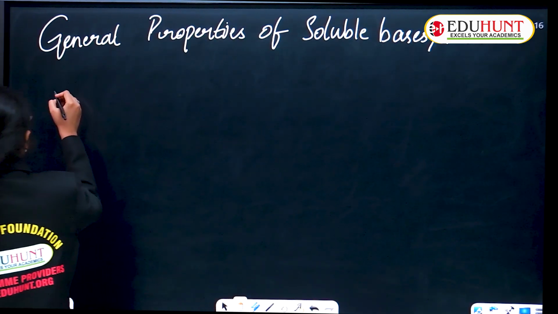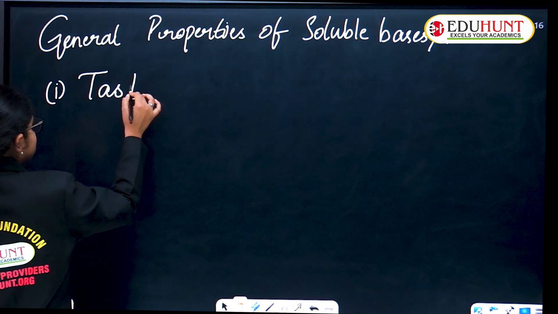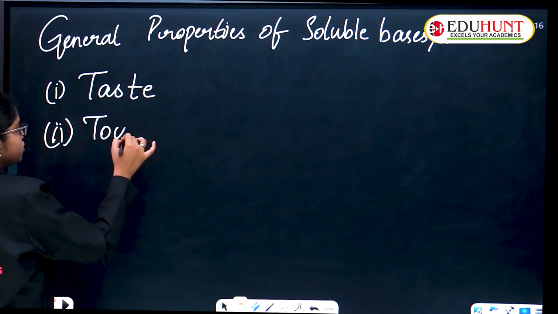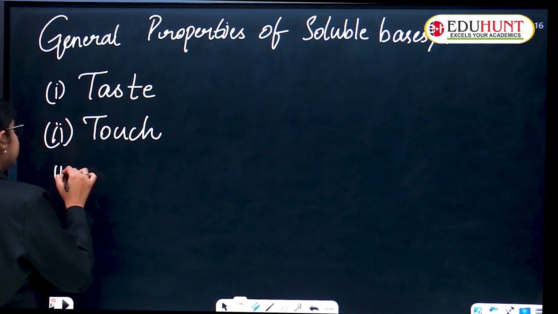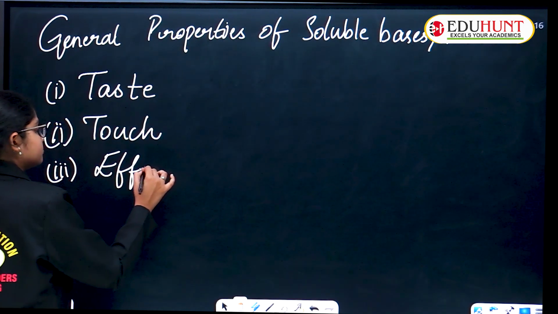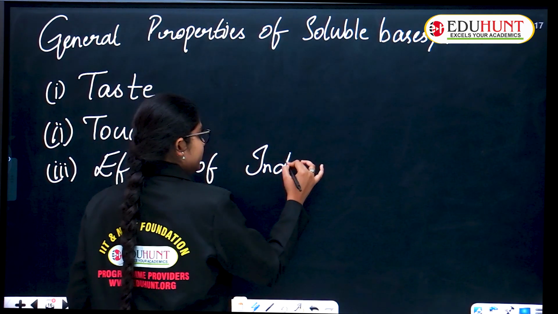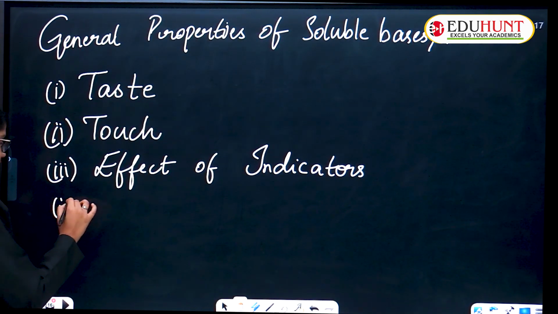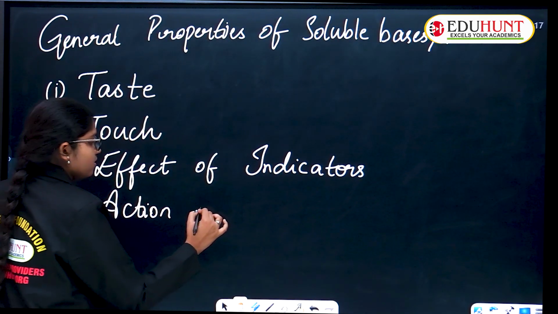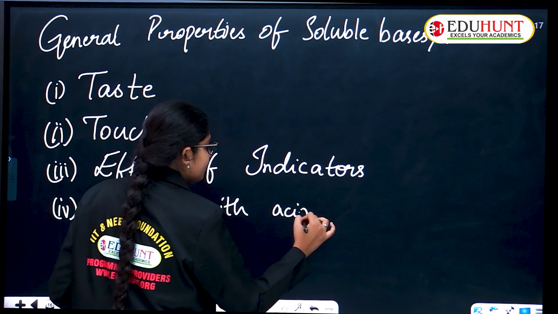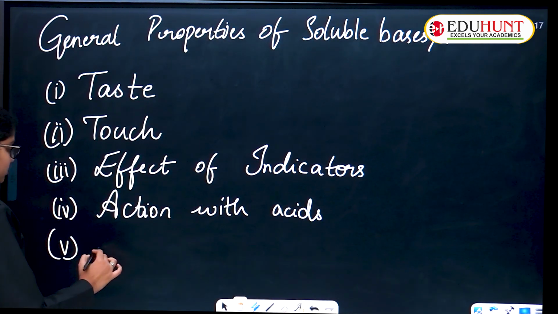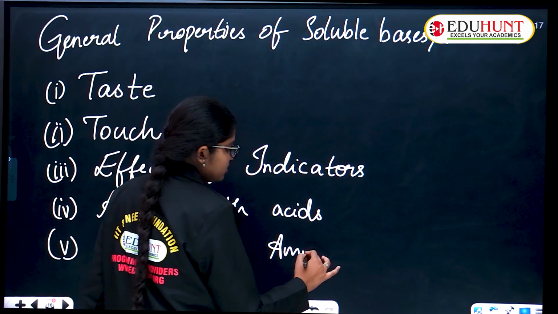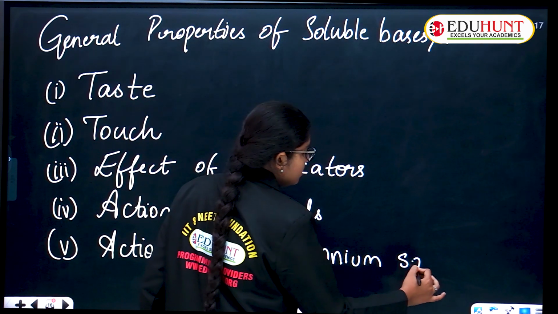The first one is about taste, the second one is regarding touch, the third one is effect of indicators, the fourth one is action with acids, and the fifth one is action with ammonium salts.